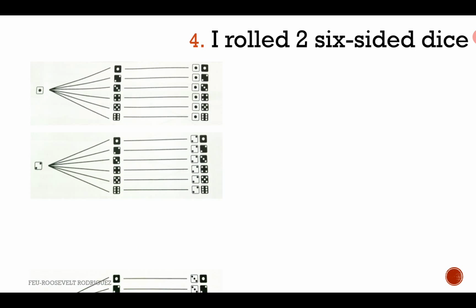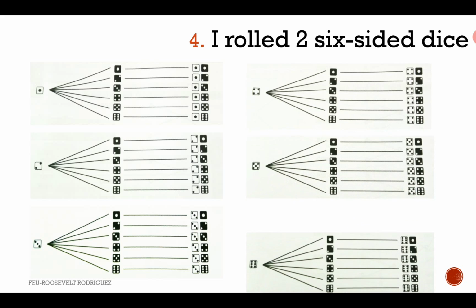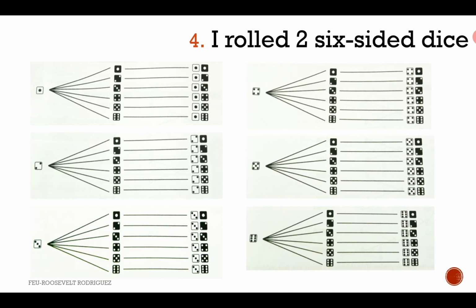In short, we have this given set of tree diagrams. Okay? So from this single dot, ilalagay ko yung ating 6 possible outcomes para sa ating second dice. Okay? And then the rest will follow.